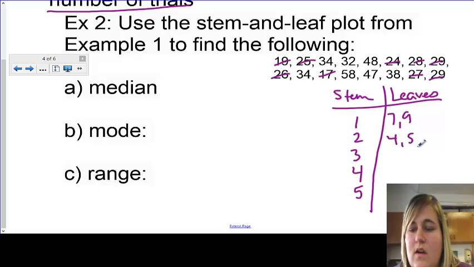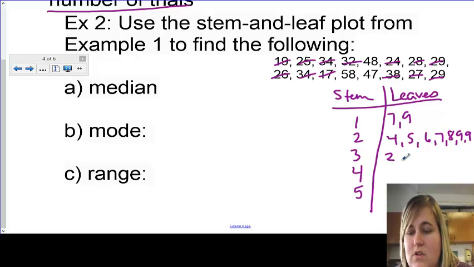So 4, 5, 6, 7, 8, 9, 9. For 30s, I have 32, 34, 34, 38. So I have 2, 4, 4, 8. For 40s, I have 47, 48. For 50s, I just have 8.